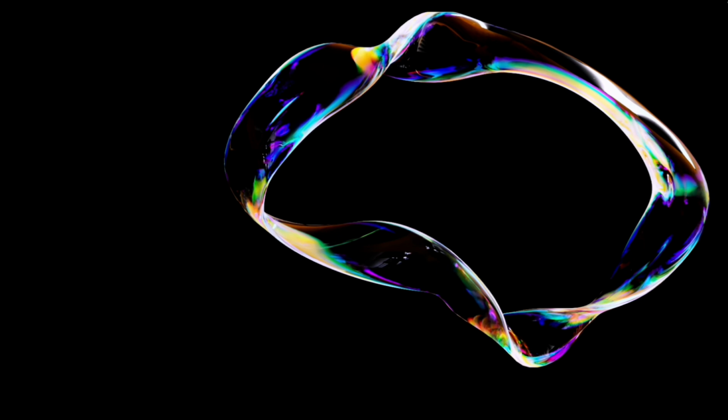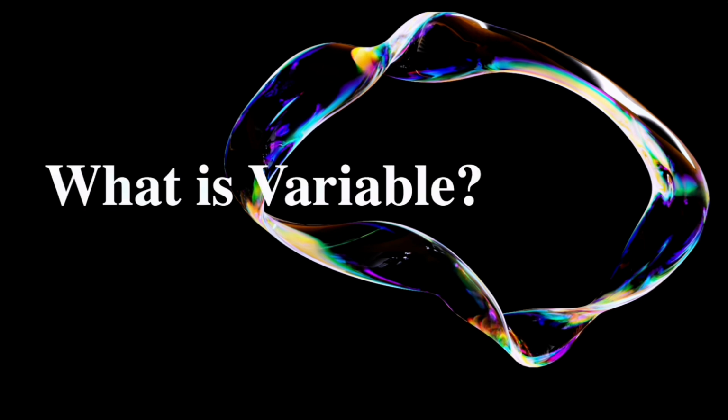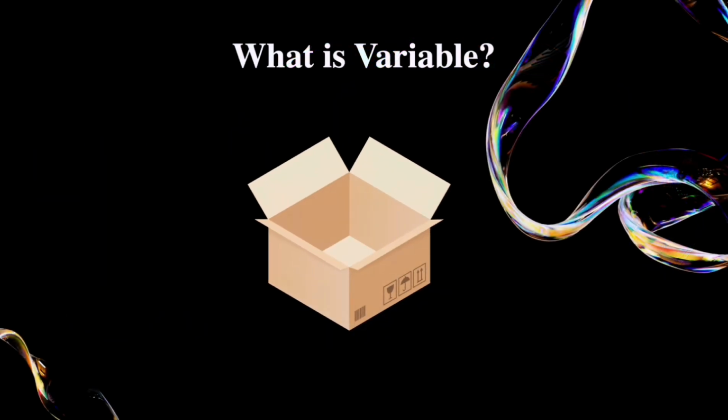One of the first and basic questions that arises is, what is a variable? To understand this, imagine an empty box. This box is a container in which you can store anything, any value, such as numbers, text, or other data. In programming, a variable works exactly like this.